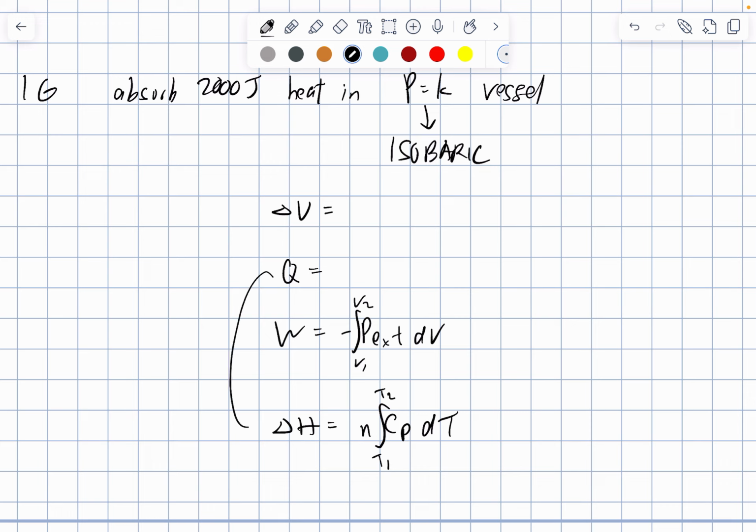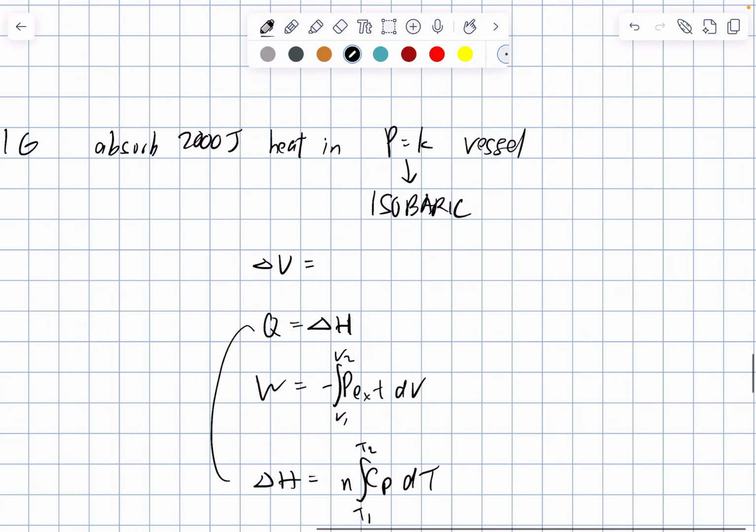In an isobaric process, it happens that Q and delta H are the same. Why? Let's see later. nCv dT from T1 to T2.